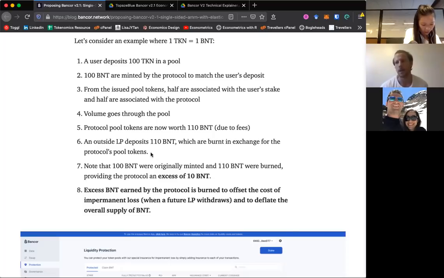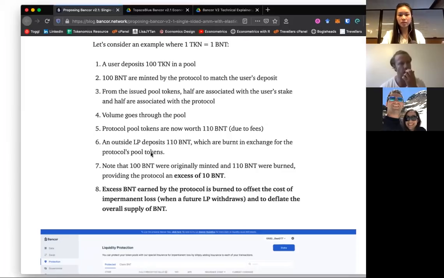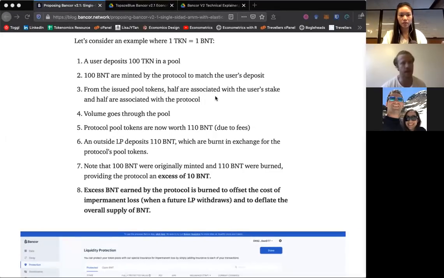And if the protocol is just continuously minting and always covering the other side, then this could create significantly more inflation, or new BNT supply, than we would actually want to see. It also eliminates the price pressure on BNT to some degree.